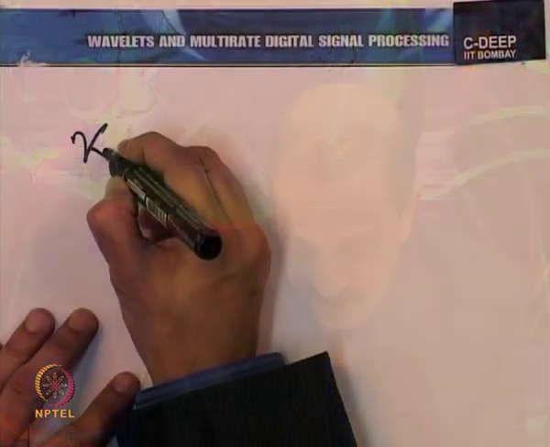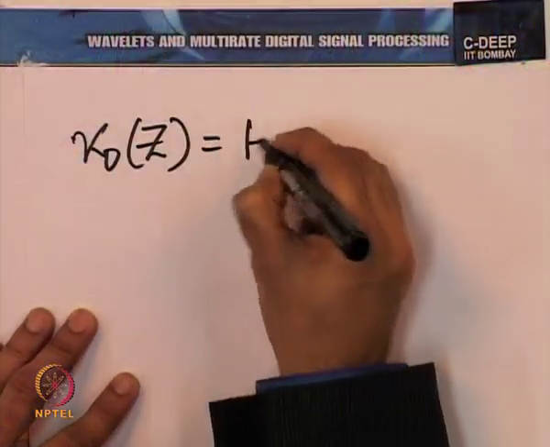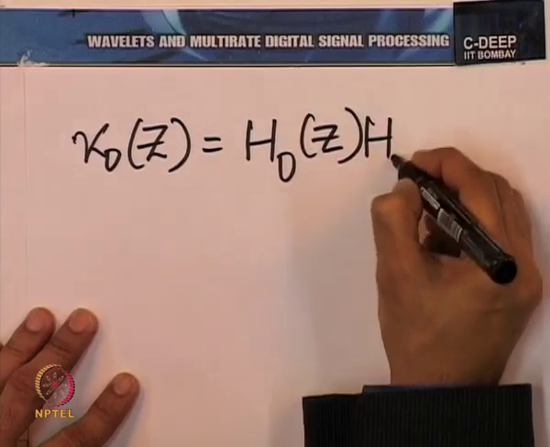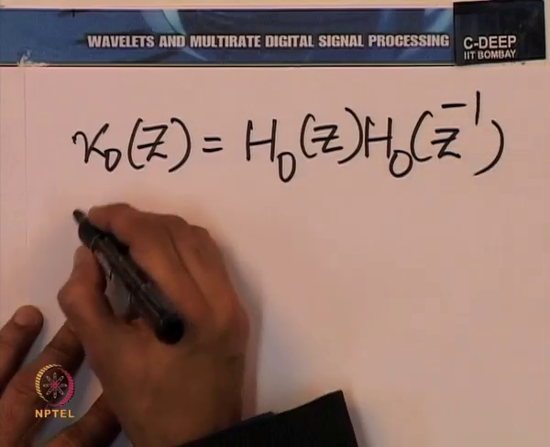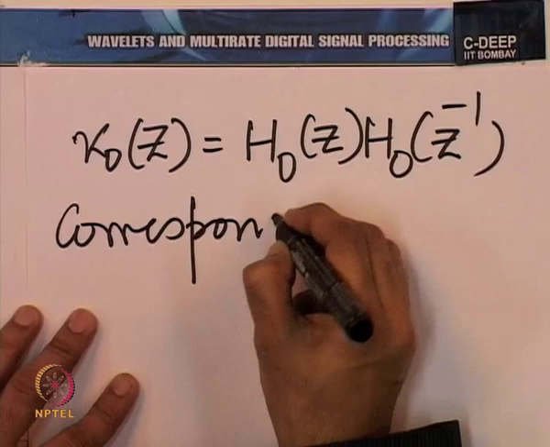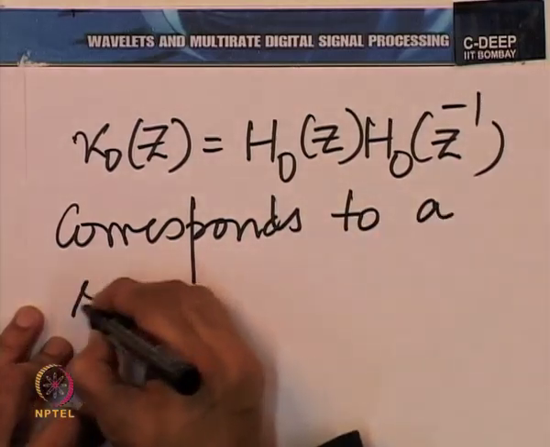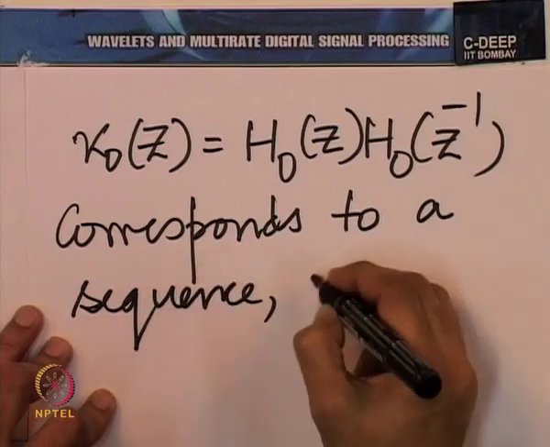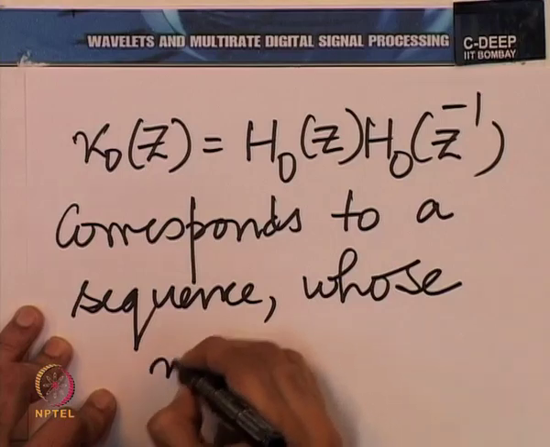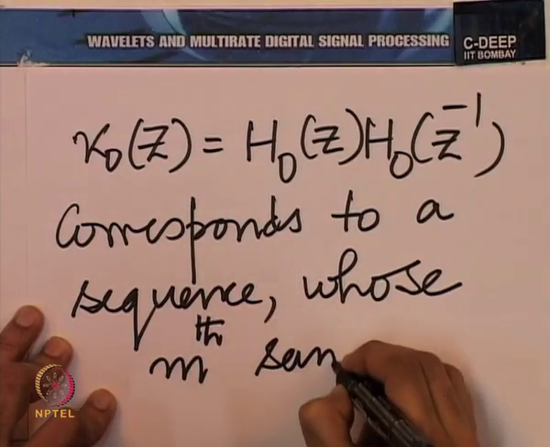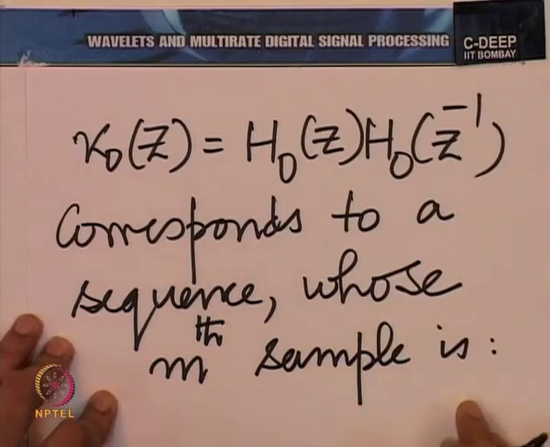Kappa 0 z, which is H 0 z times H 0 z inverse, corresponds to a sequence whose nth sample is as follows: the dot product of the impulse response corresponding to H 0 and the same shifted by m samples.